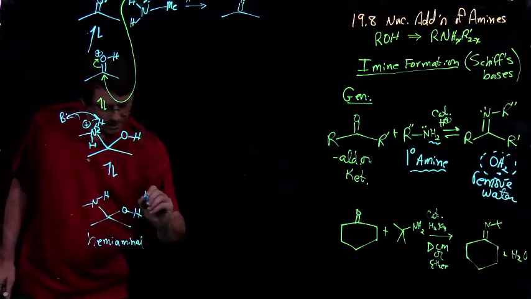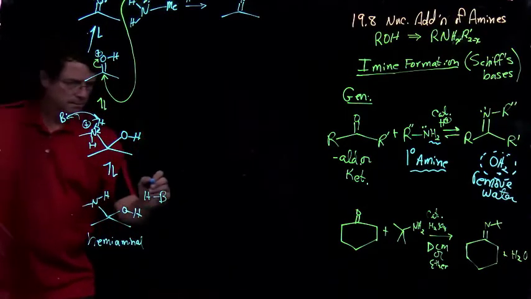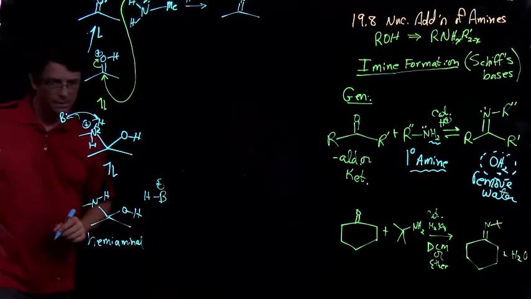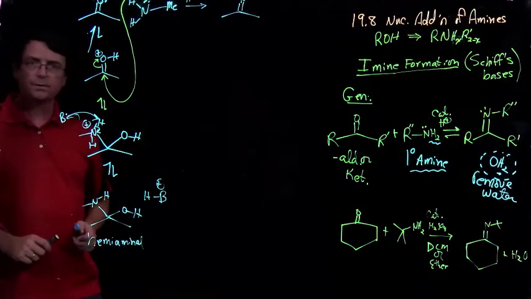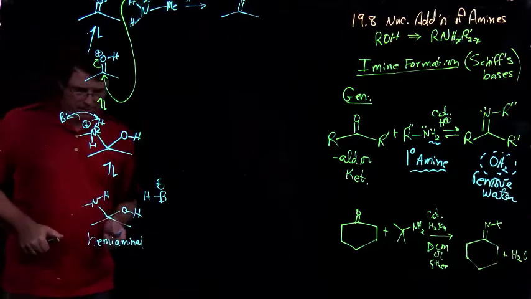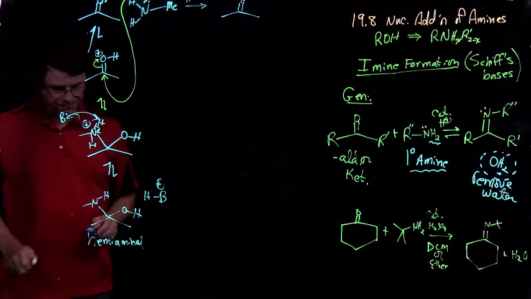I'm going to put my base with my proton on it there. Keep this species overall plus, since we started with a plus. Now, that's a hemiaminal. Again, that's a functional group we're going to find in biomolecules like DNA and RNA, okay? Or at least as an intermediate in the formation of some of them.